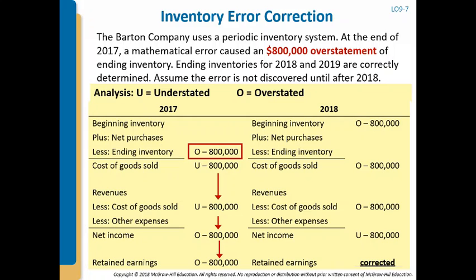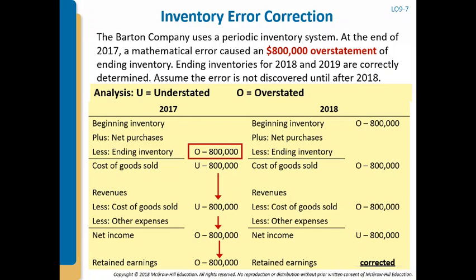So the overstatement of ending inventory in 2017, thus the understatement of cost of goods sold, results in beginning inventory being overstated at the beginning of 2018. Thus, cost of goods sold is overstated by the same amount.